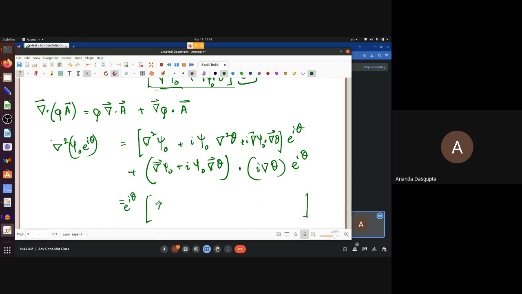Get Laplacian psi 0 plus what? i psi 0 Laplacian theta plus twice i grad psi 0 dot grad theta. Twice because one term is here, the other term is this. Minus.